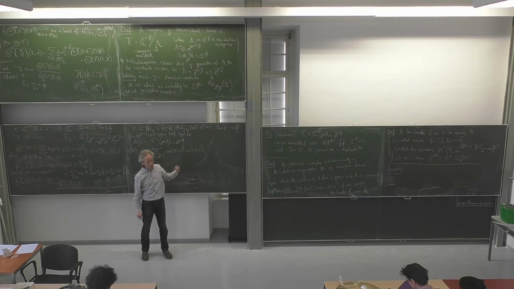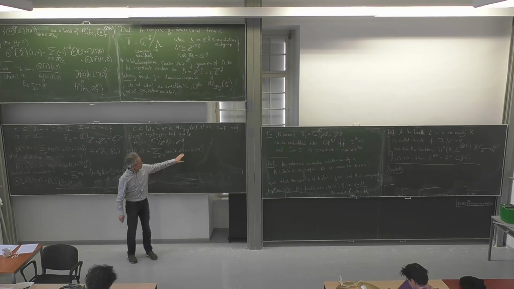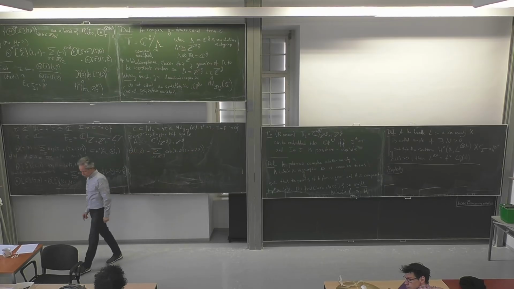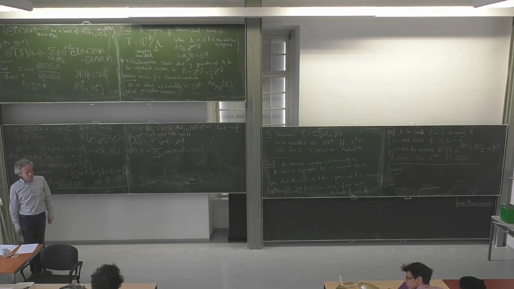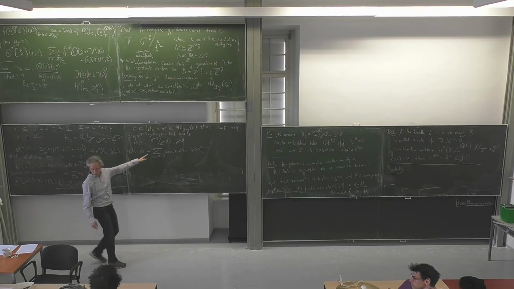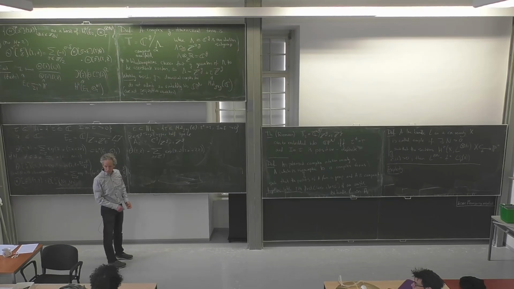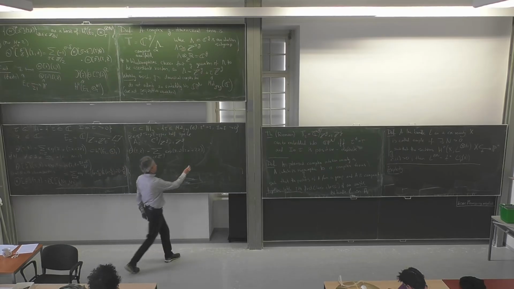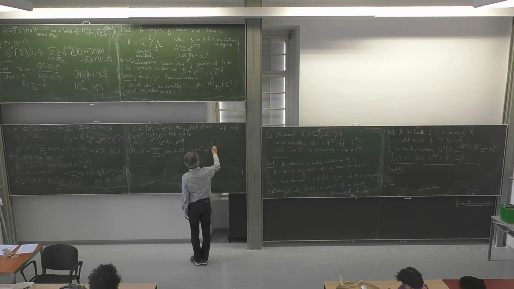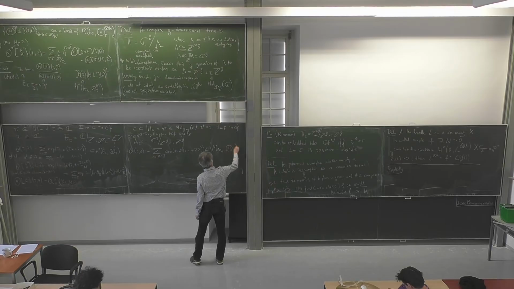The imaginary part of tau is positive definite, which guarantees convergence of this thing. And this is a section of a bundle on HC called theta tau.